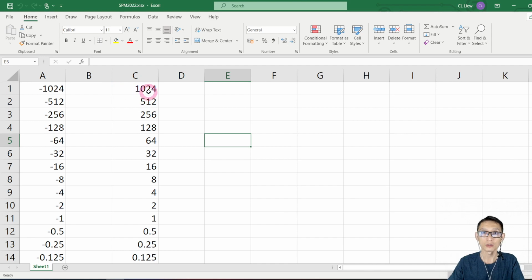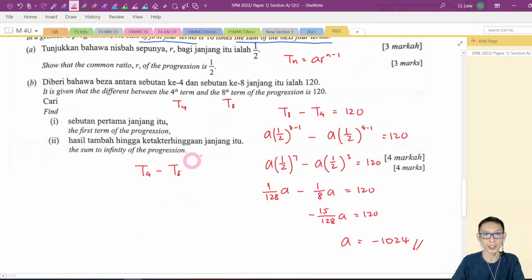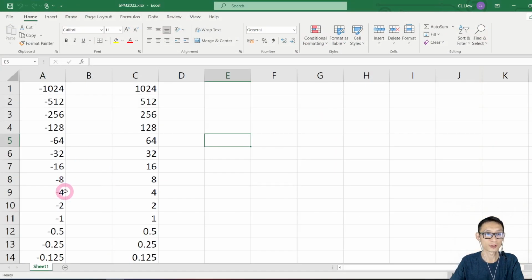But in this situation, it's correct also. So in this situation, this is positive, so when you times 1 over 2, it becomes smaller and smaller. So in this situation, T4 is actually greater than T8. So you take this one minus this one, you will still get the same thing, which is 120 given by the question. So if you do it another way, T8 minus T4, you will get the A which is negative, this one.